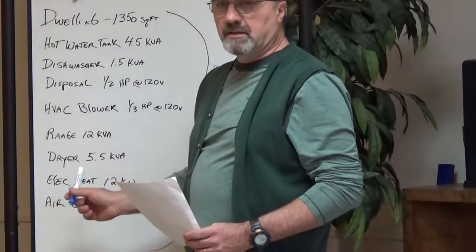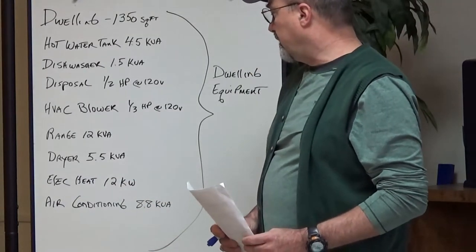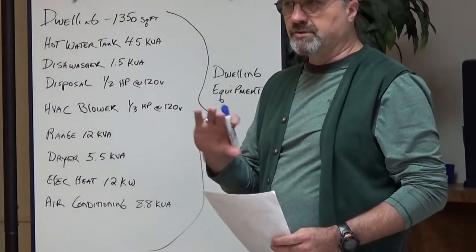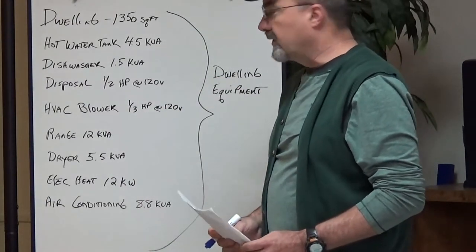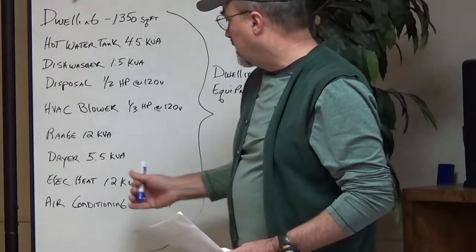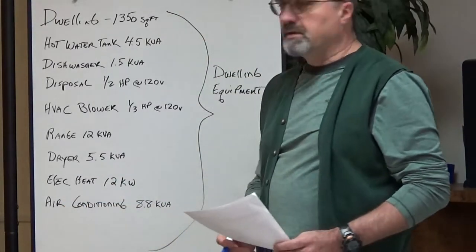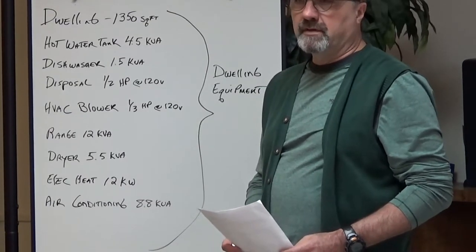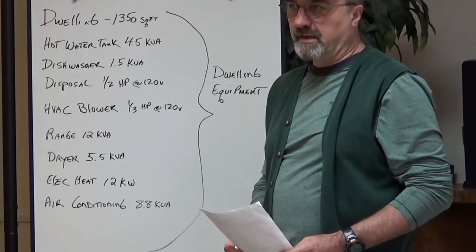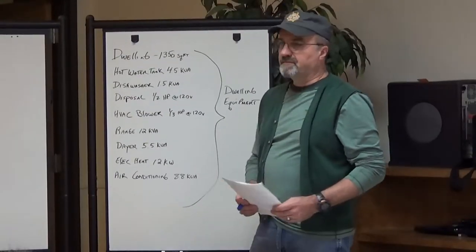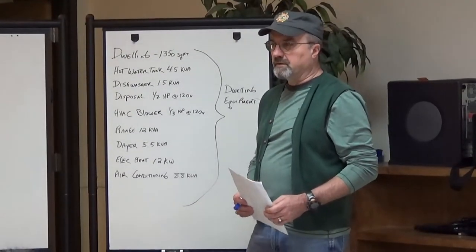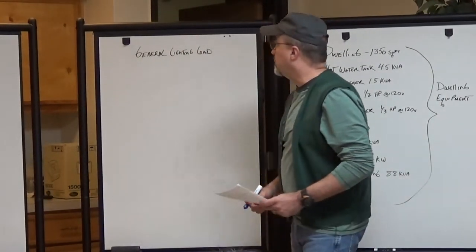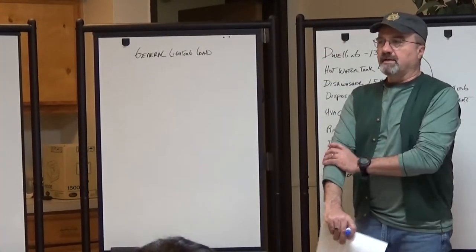The electric heat in this house will be rated at 12 kW, and we use kW and kVA interchangeably in this calculation. The code lets us do that. And the air conditioning unit is going to be rated at 8.8 kVA. The first step in figuring this service entrance conductor size is that we need to calculate our general lighting load.